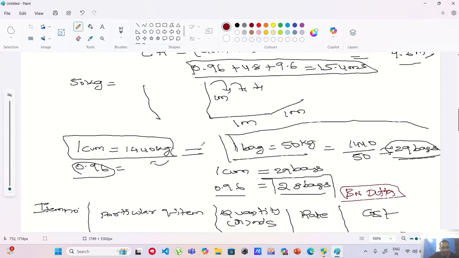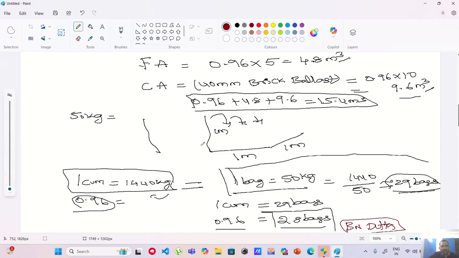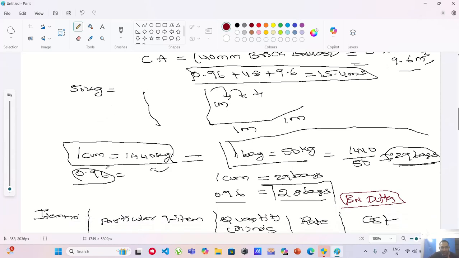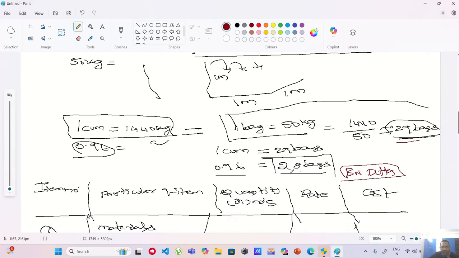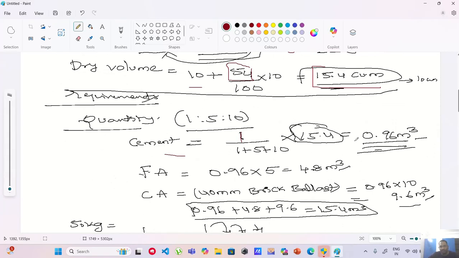Importantly, in the market cement bag is in kgs, so I have converted into bags. 1 cubic meter is equal to 1440 kgs of cement, and one bag is equal to 50 kgs. Converting 1 cubic meter gives 29 bags, and approximately it will be 28 bags for my quantity.